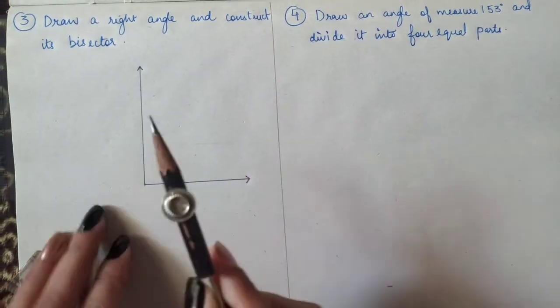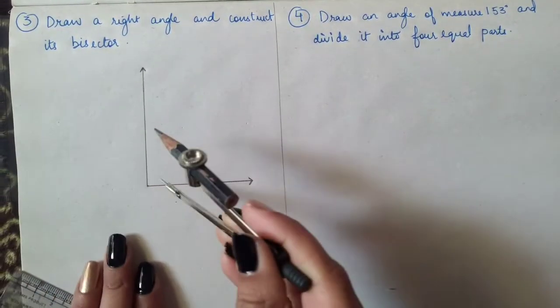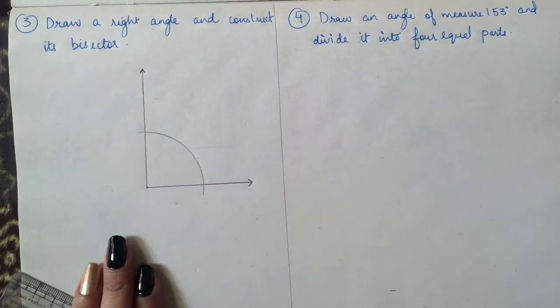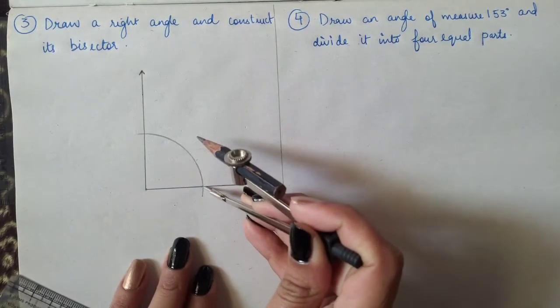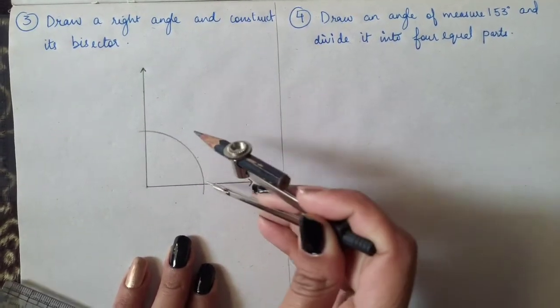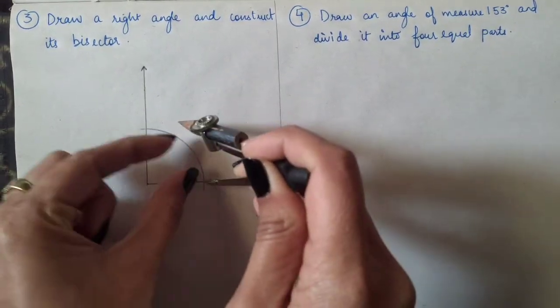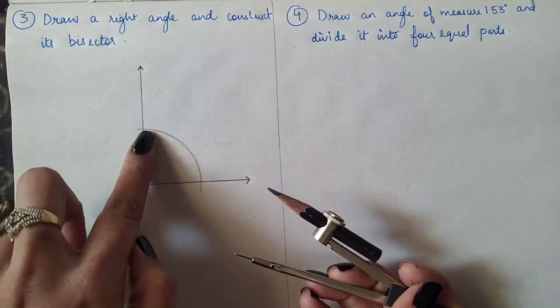We'll keep the pointer at the vertex and open the compass through any radius we want, like this. And then we got these 2 points, one point here and one point here. I'll keep my pointer here and open my compass through more than half of this distance. I have to bisect this distance here.